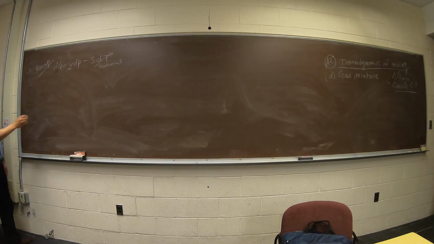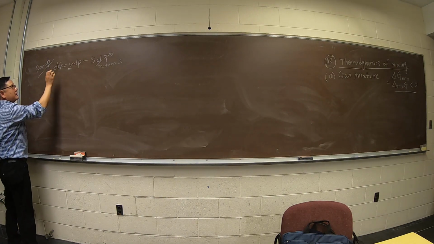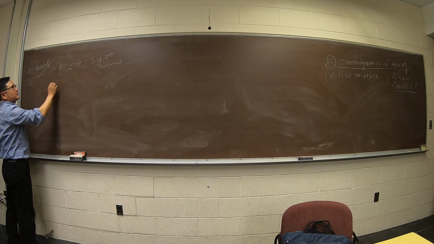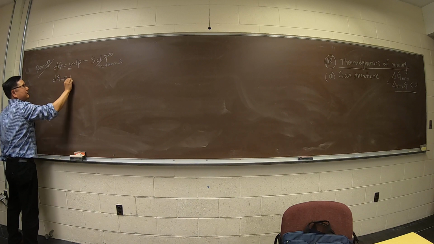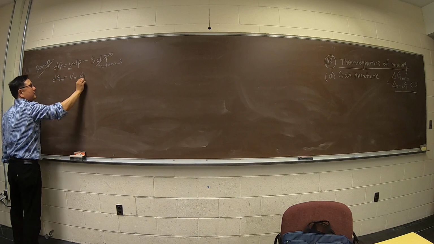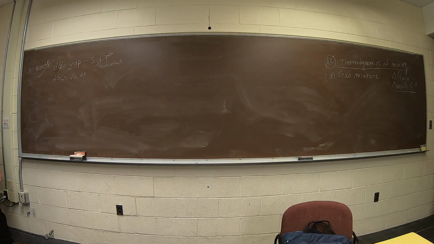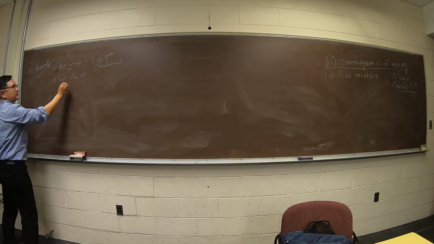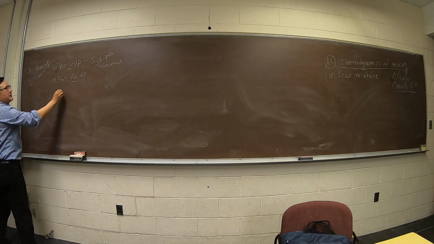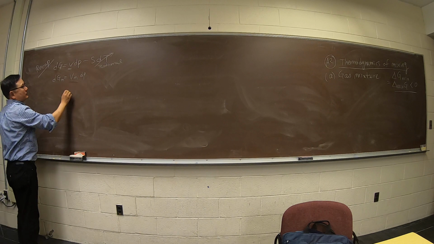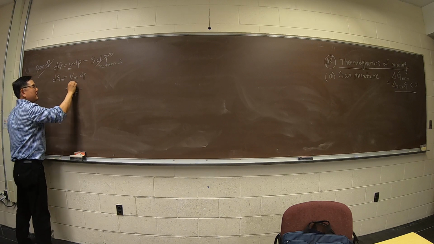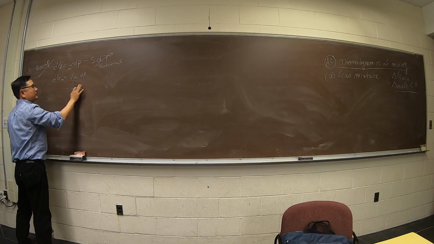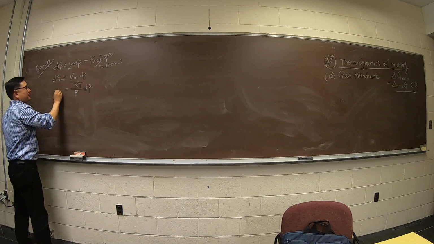I'm going to change this to dGm equals Vm dP, and this seems to be a lot simpler to understand than before. And now I'm going to say Vm will be RT over P, so it's RT over P dP.